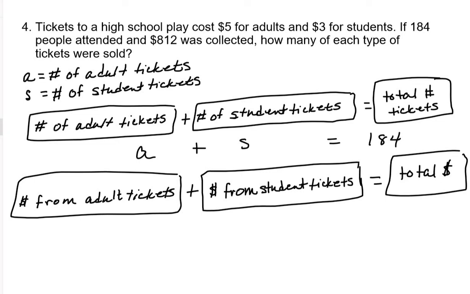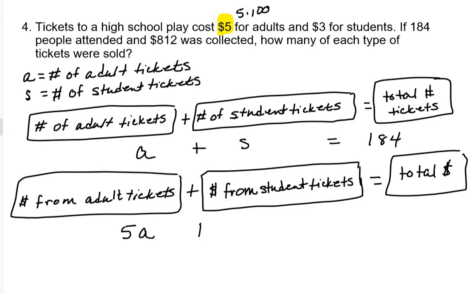Well, I know that the adult tickets were $5 a piece. If there were 10 tickets sold, I can multiply 5 times 10 to get the total amount of money collected from the adult ticket sales. If there were 100 tickets sold, I'd multiply 5 times 100. So what I have here is A tickets sold, so the amount of money collected is 5A.